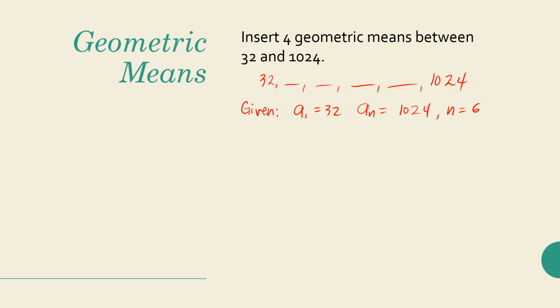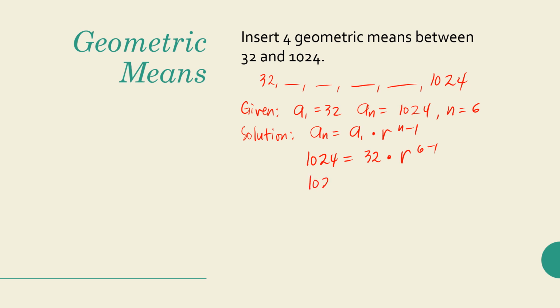The problem here is you don't know the common ratio, so you have your solution by using the geometric sequence. We have a sub n is equal to a sub 1 times r raised to n minus 1. Therefore, a sub n, which is 1024, is equal to a sub 1, 32, times r raised to 6 minus 1.